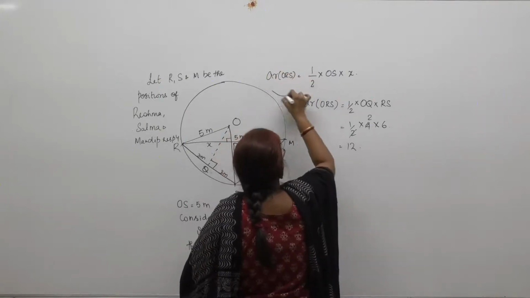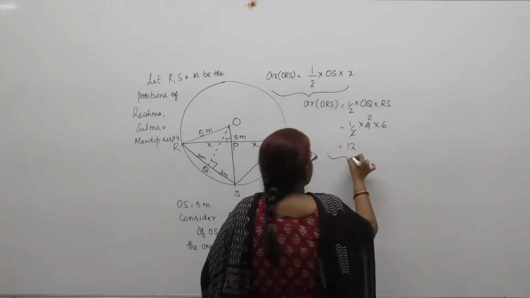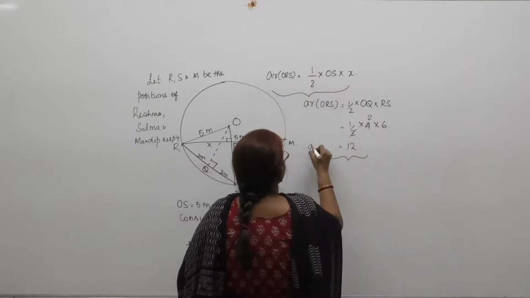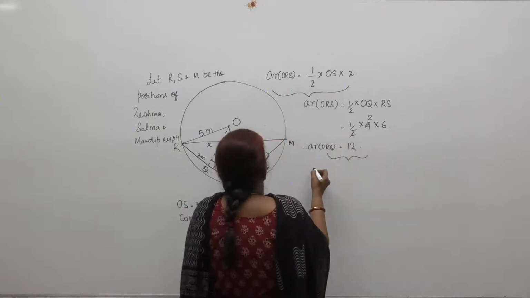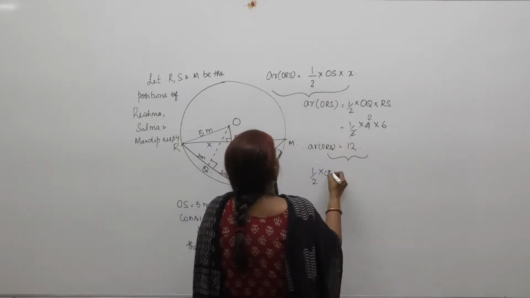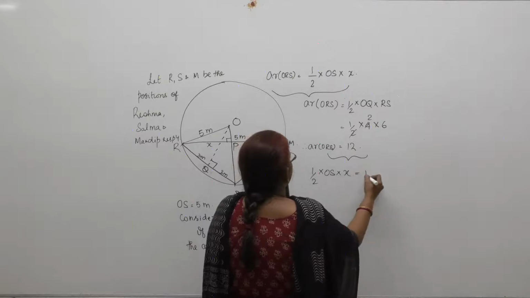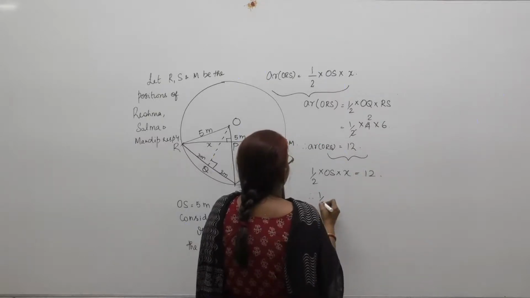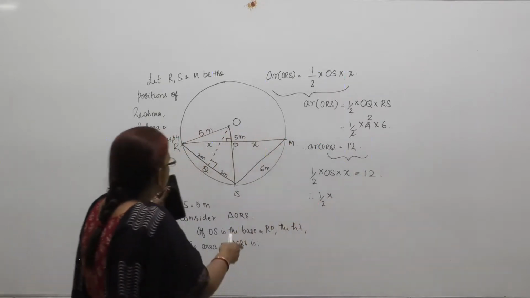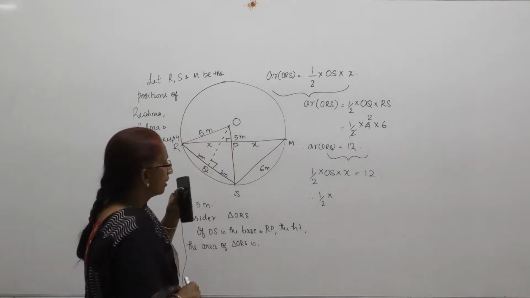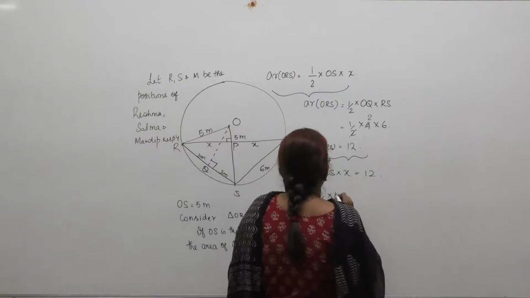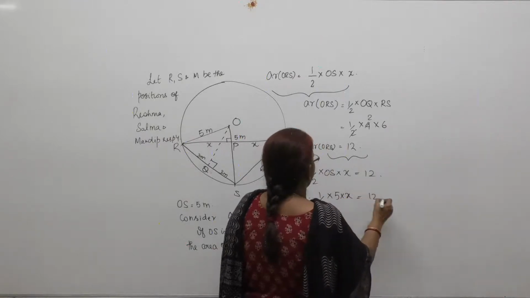So this is area of ORS. This is also area of ORS. Therefore, both are equal, which means half into OS into x is equal to 12. Therefore, half into what is OS? OS is nothing but the radius. Radius is 5 meters. So 5 into x is equal to 12.